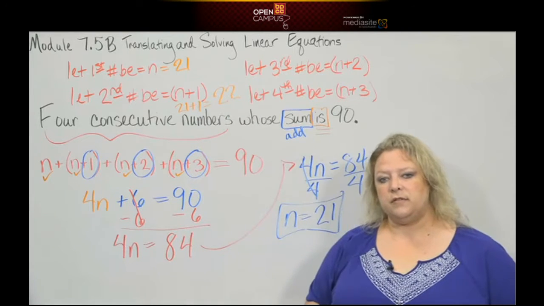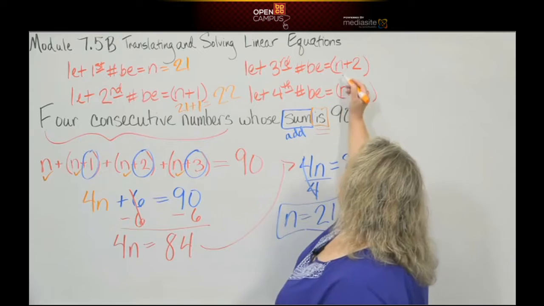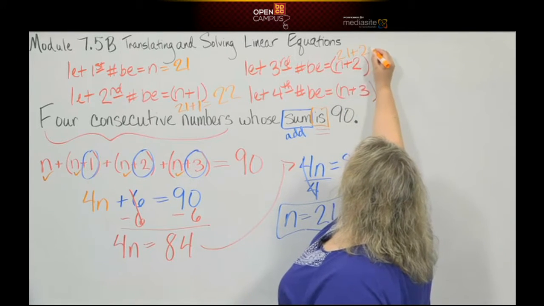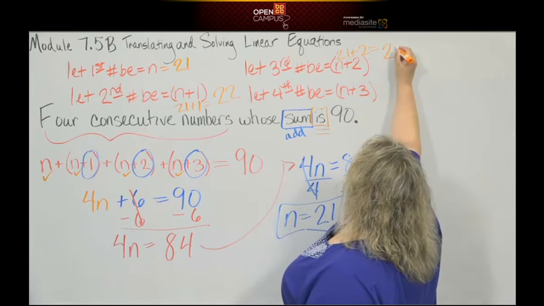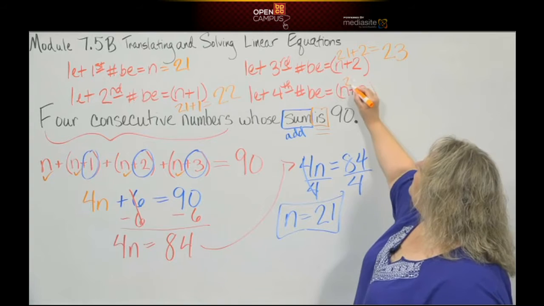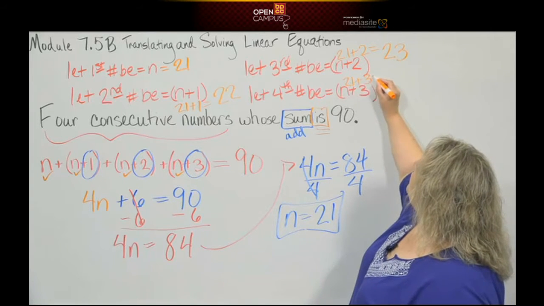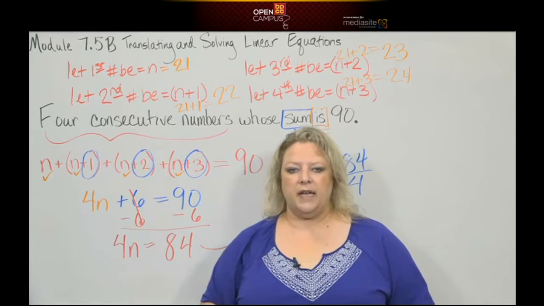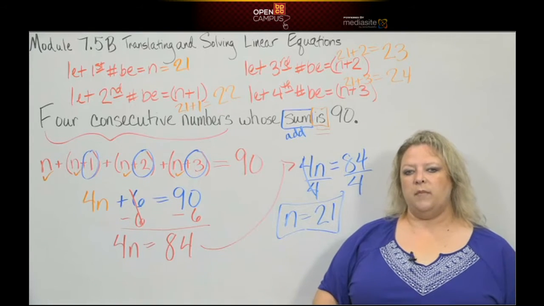There are 2 answers left. n is 21, so that would be 21 plus 2, which would be 23. And then the last one would be 21 plus 3, which makes 24. So there were 4 answers that I needed to find. I found all 4 of them.